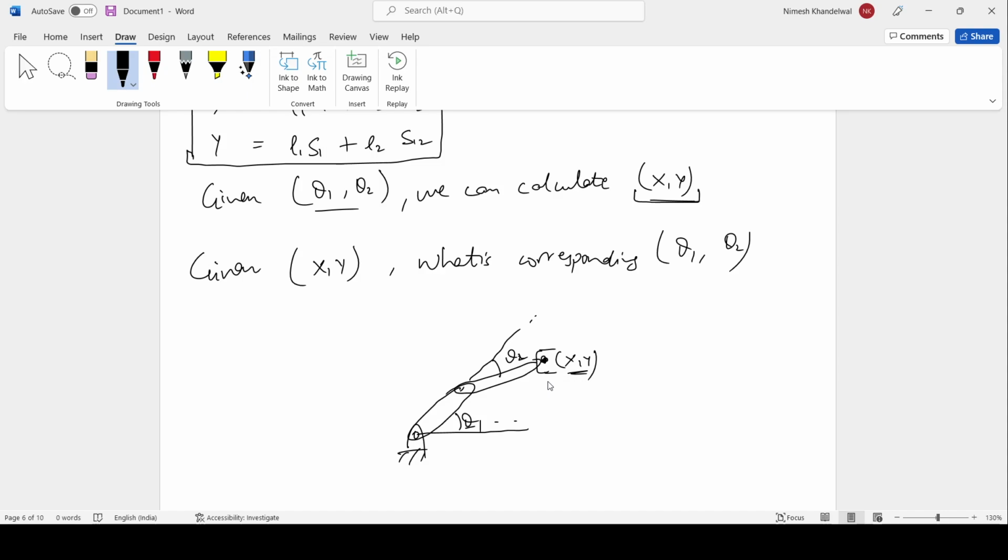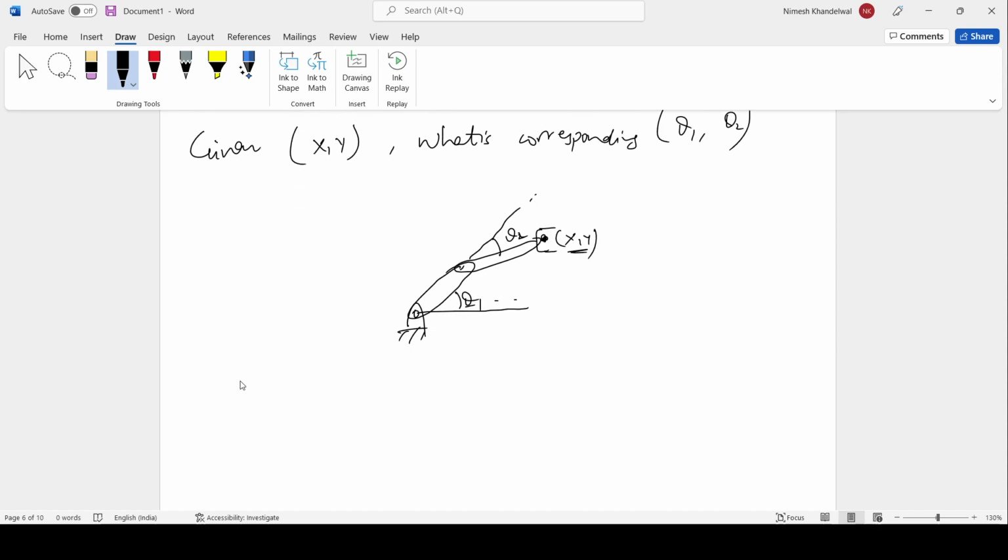Okay, so now you have some desired output, and from that you want to calculate the input.